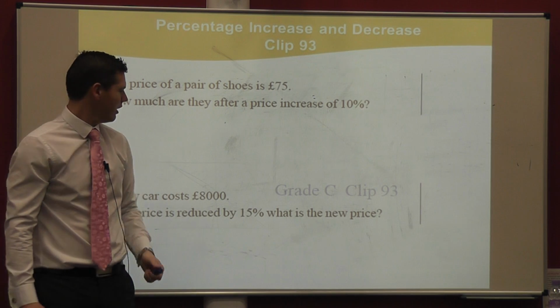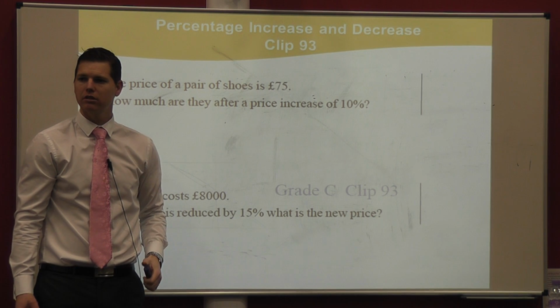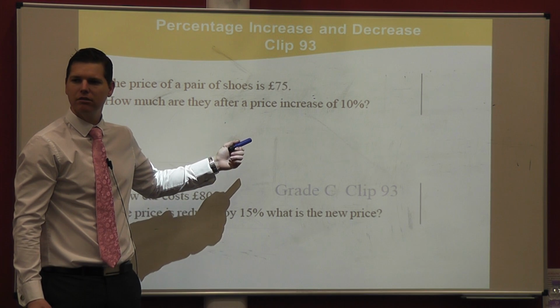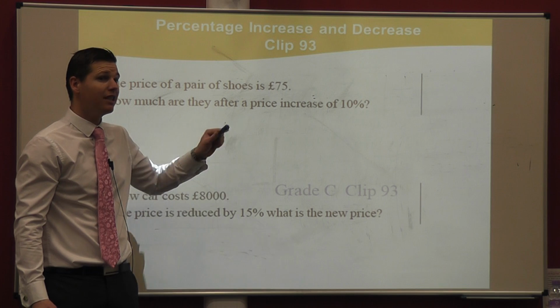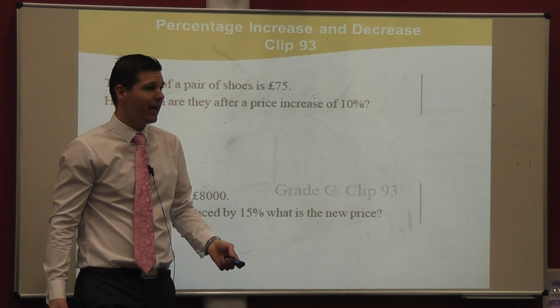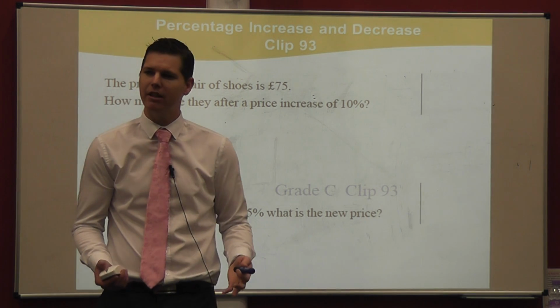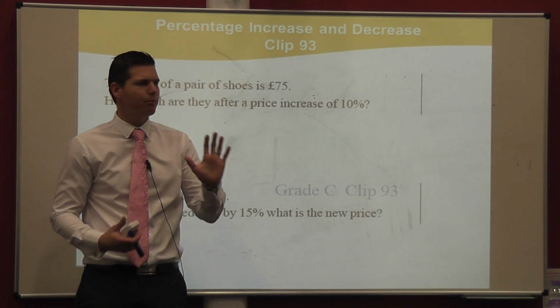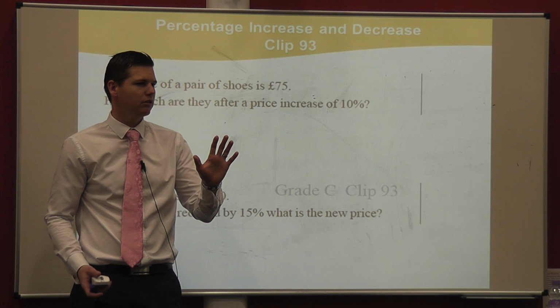How do I find 10%? Divide by 10. Can I divide by 100 times by 10? Why wouldn't I on this particular paper? Calculator. Because it's a non-calculator paper, so I need to know my non-calculator methods as well. So to find 10%, I just divide it by 10. If I wanted to find 5%, what would I do with that 10%? Halve it.